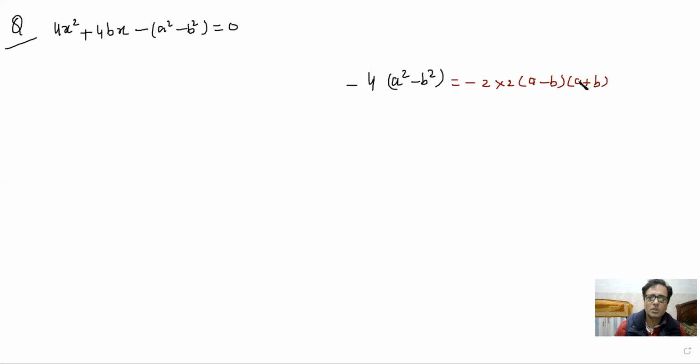I'm taking that 2 with this, so it can be written as negative, 2a plus 2b, and this other 2 I'm taking with this factor, so it becomes 2a minus 2b.